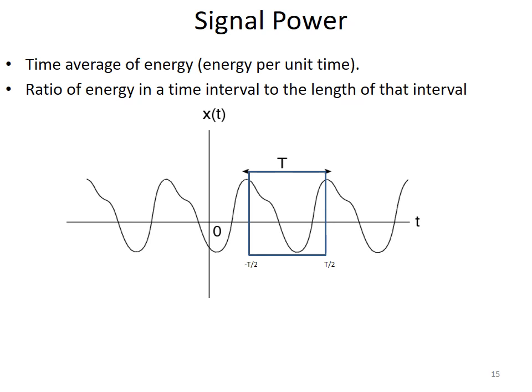Let's say, for example, in this signal we have one time period from minus t upon 2 to t upon 2, and that is one complete time period t. Let us compute the energy of this signal from minus t upon 2 to t upon 2 and then divide it by t, and you will get signal power. So mathematically, computing the energy of the signal from minus t upon 2 to t upon 2 and then dividing it by t would give you the average power.